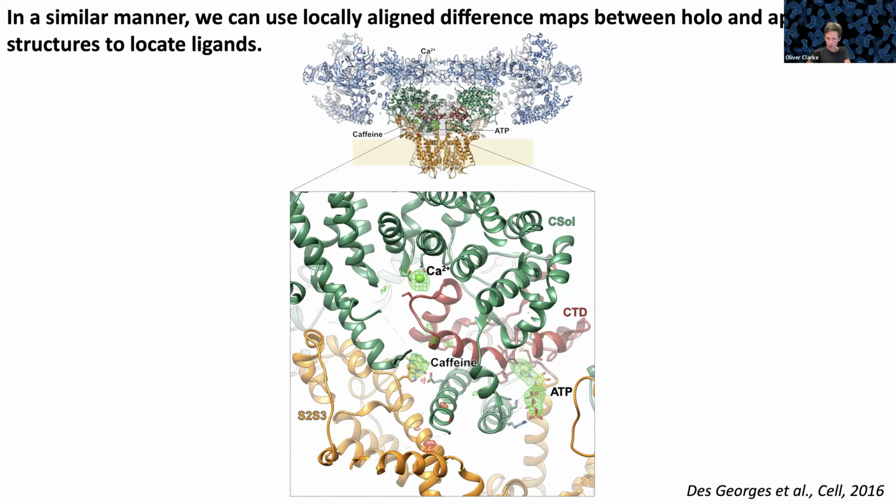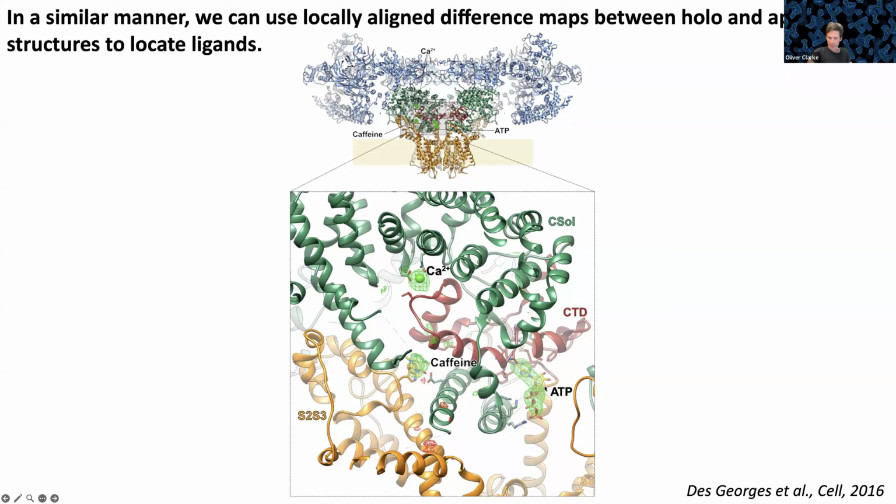So what you can do in order to get a clean difference map is extract out the density around that domain from both maps, so from the holo and the apo, align it together in real space, and then calculate a difference map. And then you'll get a difference map that corresponds to the difference density just for the local changes, abstracting the rigid reorientation of the domain.